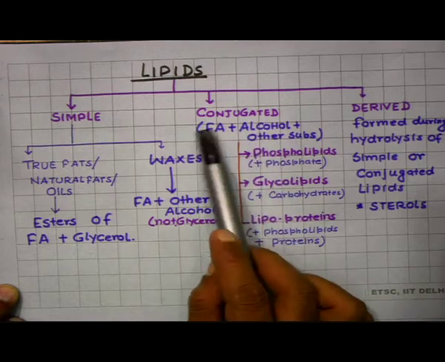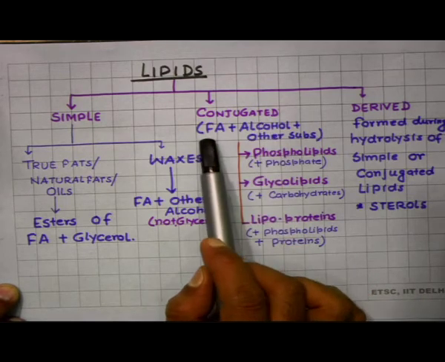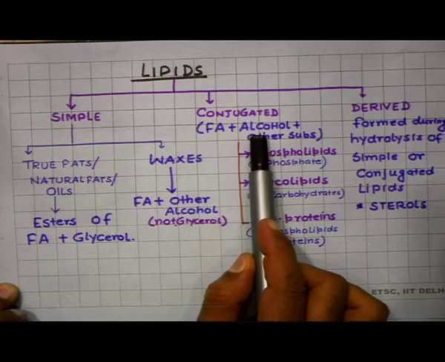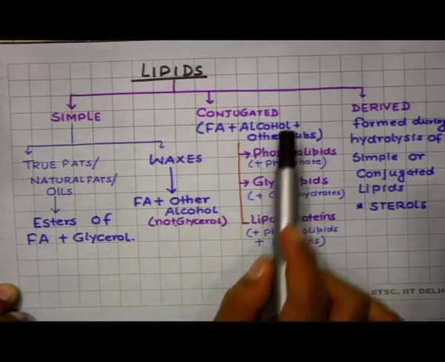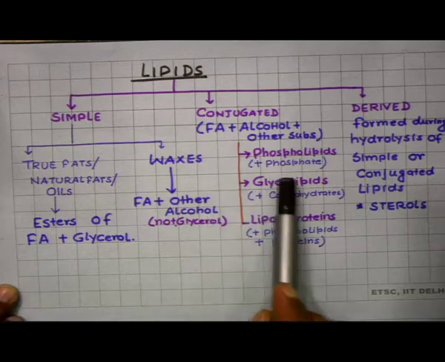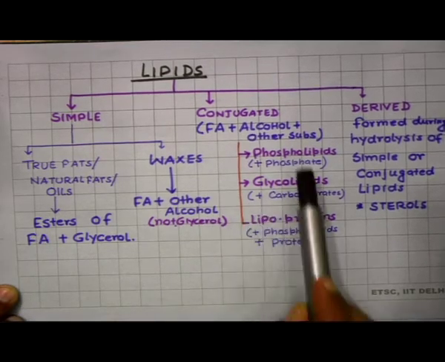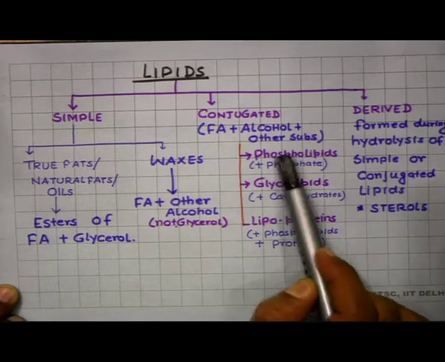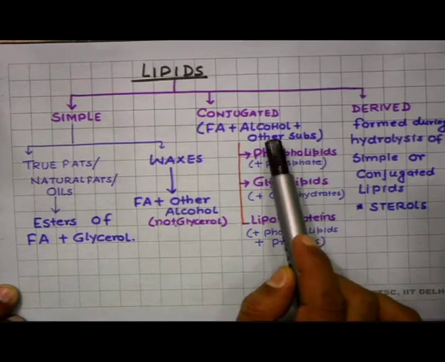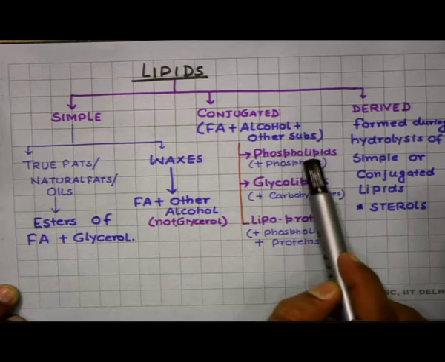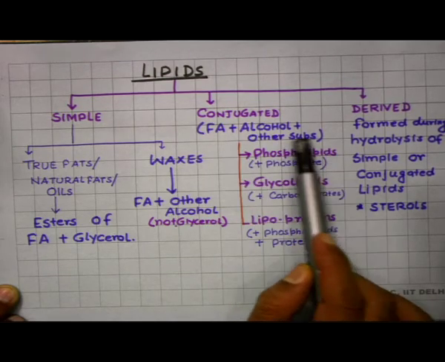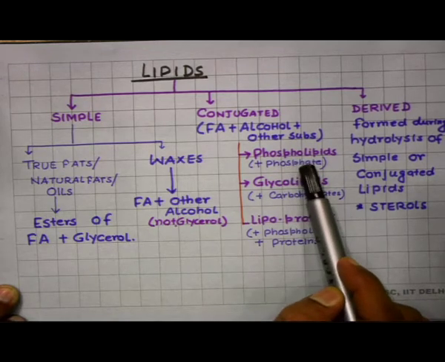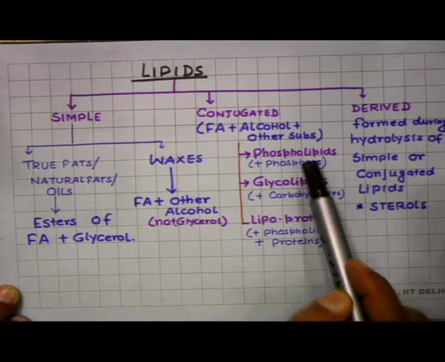Now, the second one, conjugated fatty acid. These conjugated fatty acids are made of fatty acid, alcohol and another substance. They are divided into 3 broad categories. The first is phospholipid, in which the other substance is a phosphate group along with the fatty acid and alcohol.